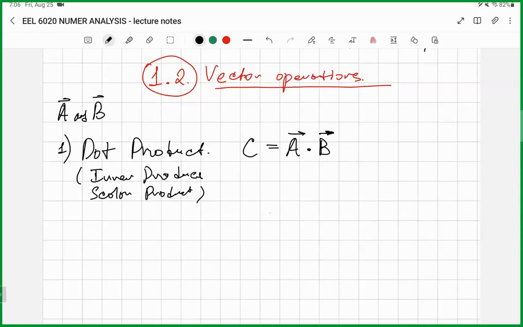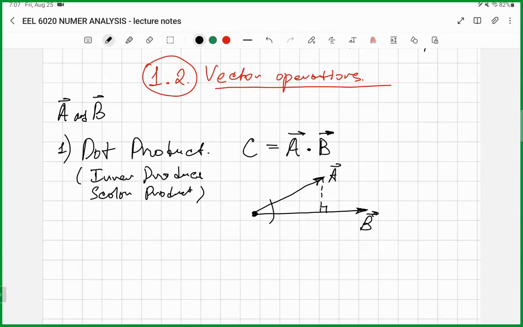The geometrical meaning of this operation is that I take one of these vectors, for example vector b, and bring the second one, vector a, with its beginning to the beginning of vector b. So basically I bring this vector a to vector b, and take the projection of vector a onto the direction of vector b, like this.